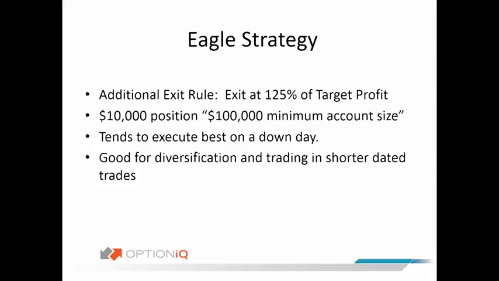Because of the inside protection, if the market rallies significantly, these eagles can actually achieve more than 100% of their targeted profit. So that fourth rule is if it hits 125, we want you to get out of the trade and take that profit.